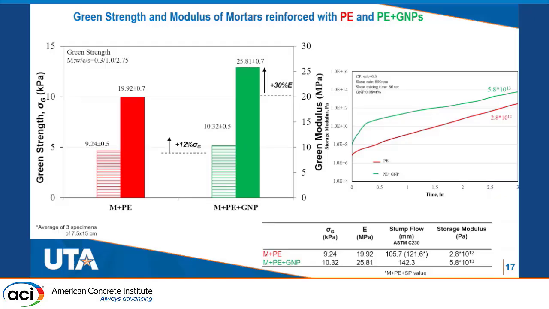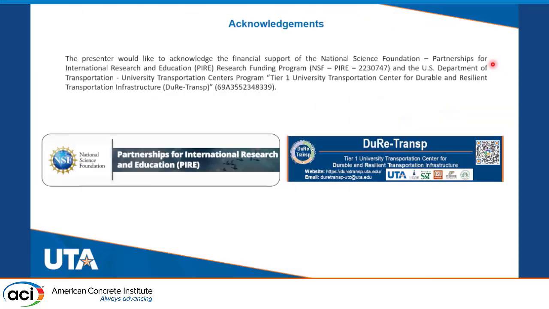And here we have to say that when polyethylene fibers are shear-mixed at optimum conditions with the addition of the exfoliated graphene nanoplatelets, we saw the great reinforcing potential in our mixes when both are combined. And by that, I want to conclude my presentation.